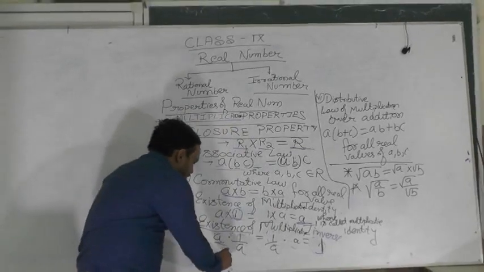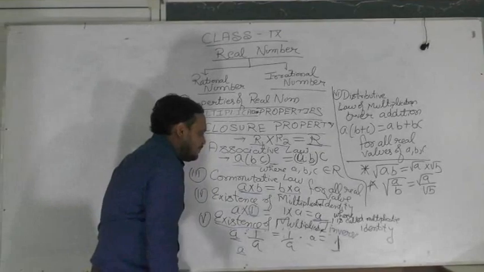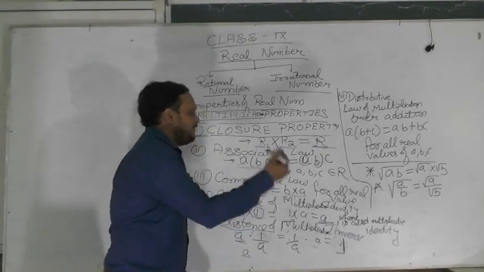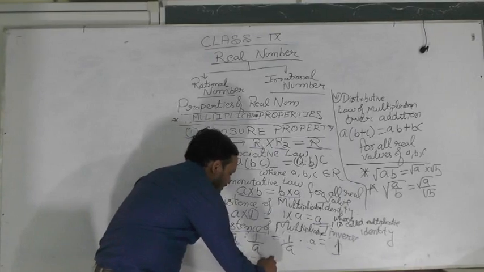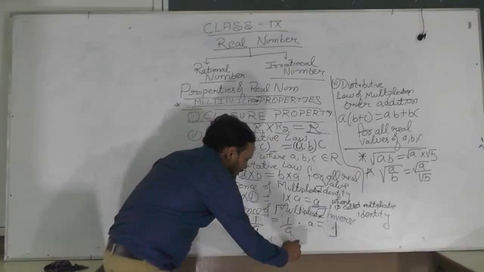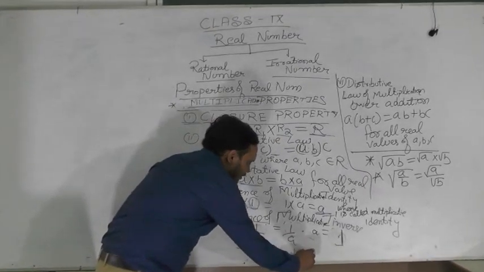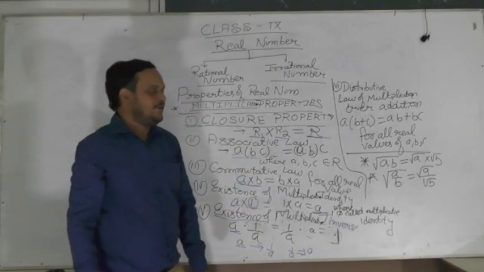So, if A is any real number, what is the multiplicative inverse of A? You can write the multiplicative inverse of A is 1 by A, and for 1 by A, the multiplicative inverse will be A, so that if we multiply both, then we get 1.